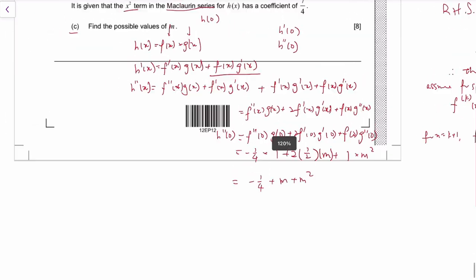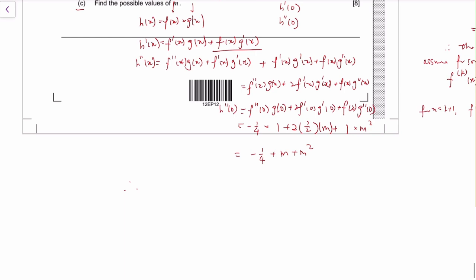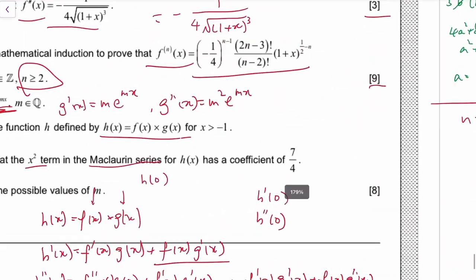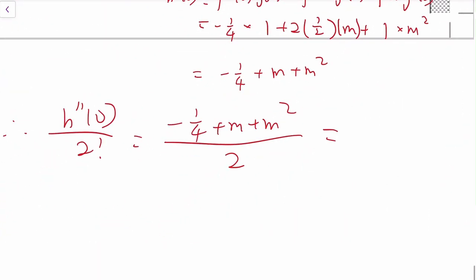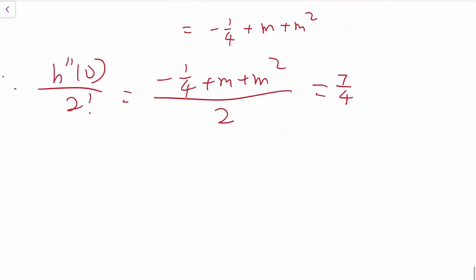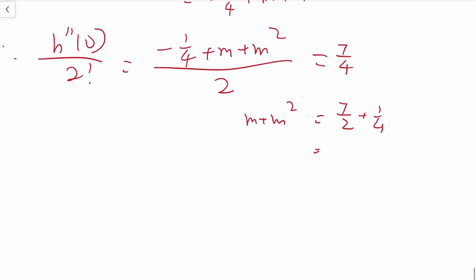Okay, so the x squared term of the Maclaurin series would be h prime prime 0 over 2 factorial times x squared. Just coefficient, so ignore the x. So negative a fourth plus m squared over 2 should be what they want, 7 over 4. So times 2, 7 over 2 plus a fourth, that's like 15 over 4, I think.